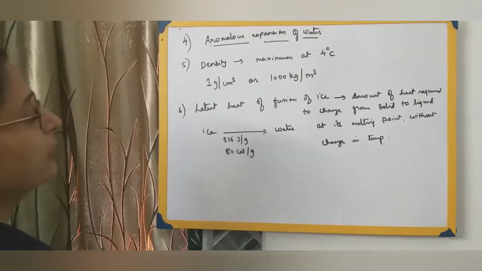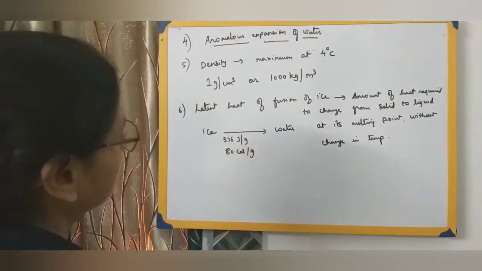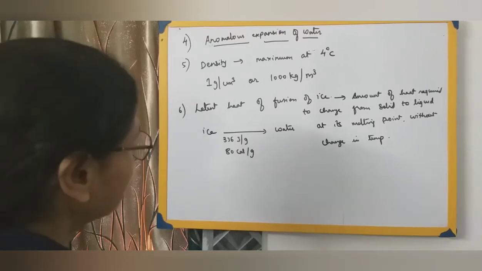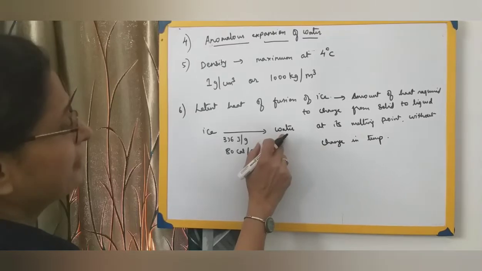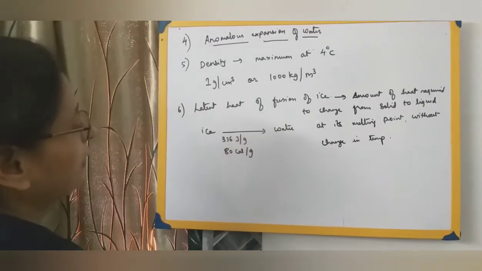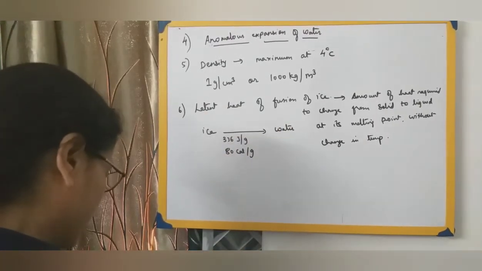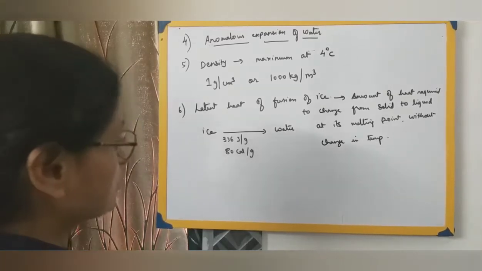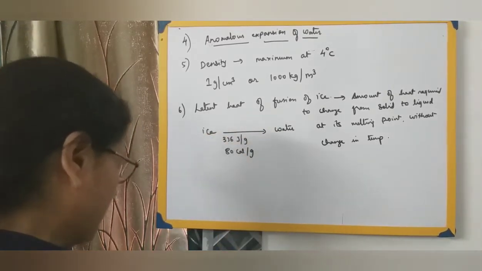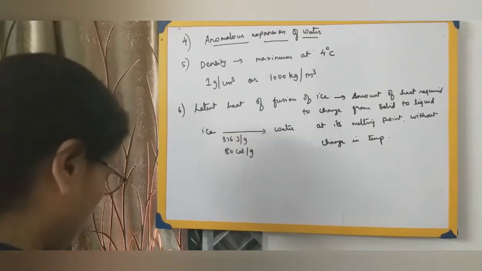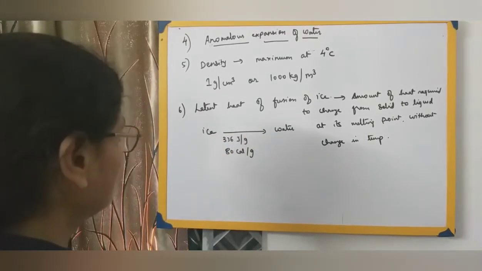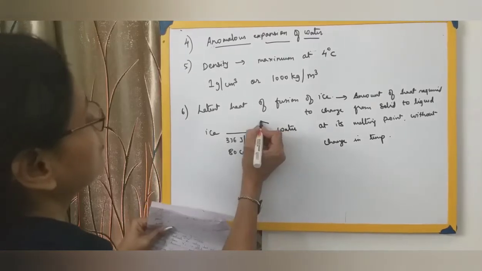And this amount of heat required is 336 joules per gram. It is also 80 calories per gram. Now at the same time, suppose you are changing 1 gram of water back into 1 gram of ice, that is, 1 gram of water solidifies to form 1 gram of ice at 0 degrees Celsius.